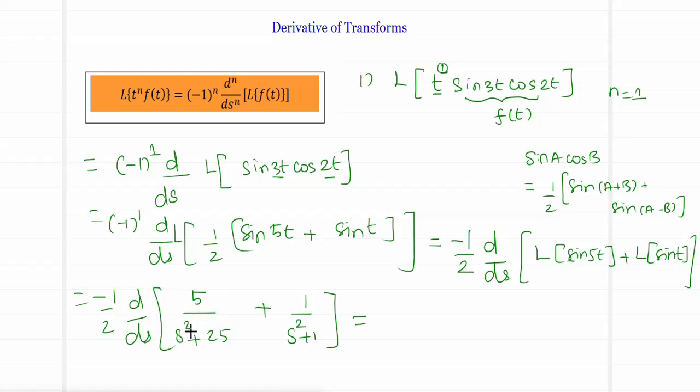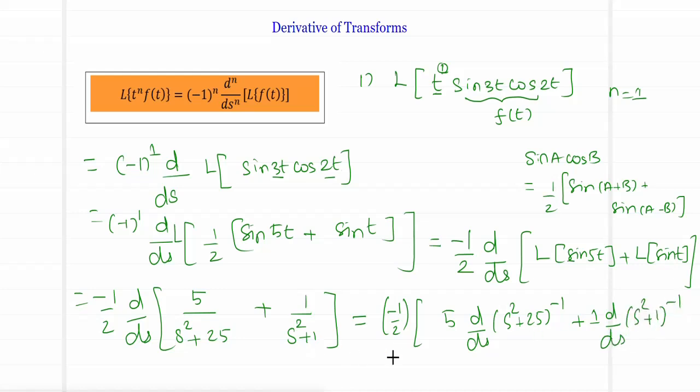On differentiation, this gives me minus 1 by 2 into, you can take the 5 to the numerator, 5 d/ds of (s squared plus 25) to the power minus 1, plus 1 into d/ds of (s squared plus 1) to the power minus 1.